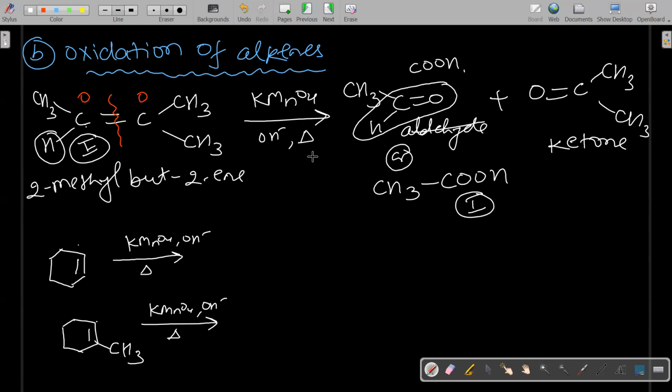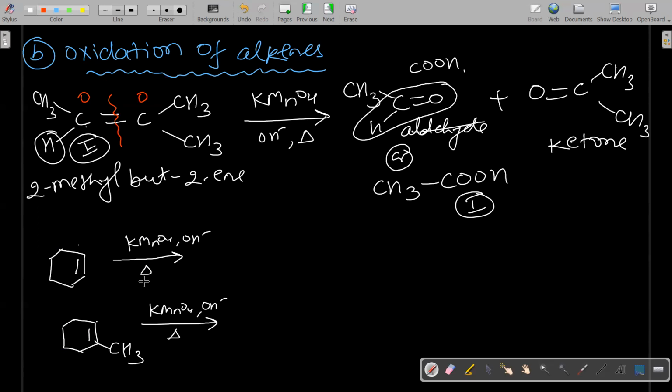It can be oxidized with a very strong oxidizing agent, but cannot be oxidized by this KMnO4. So we get ketone. So if alkene undergoes oxidation reaction with hot, alkaline KMnO4, then we can get ketone or we can get acid. Maybe both will be acid, maybe both will be ketone. If, instead of hydrogen, there is an alkyl group, then that will be ketone, right?